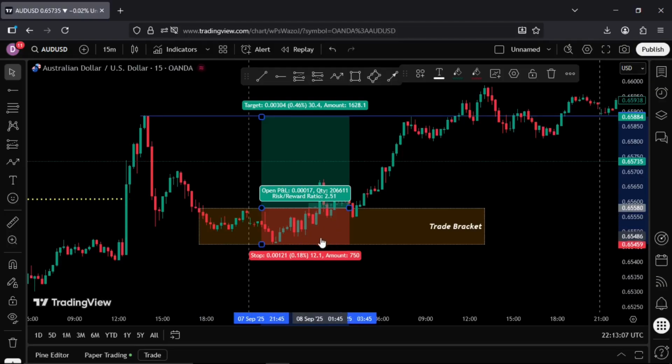And as you can see, if I adjust it to the lower point price reached, our risk to reward ratio goes down. So now it's a 2.51. So this trade right here will be a 1 to 2.51 risk to reward ratio. So our risk to reward ratio went down.